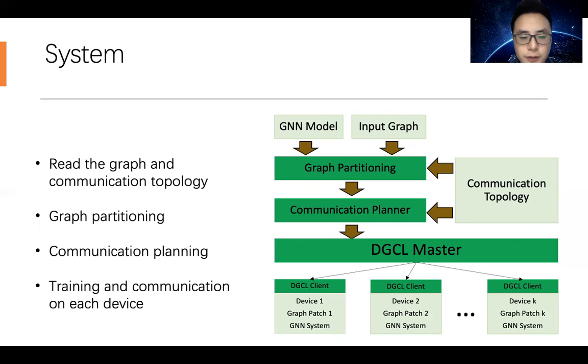The DGCL master sends the subgraphs and communication plans to each DGCL client so that they can communicate with each other according to the plan. Finally, the GNN systems can do the training as in a single GPU and use DGCL for communication. Therefore, DGCL is general for different GNN systems.